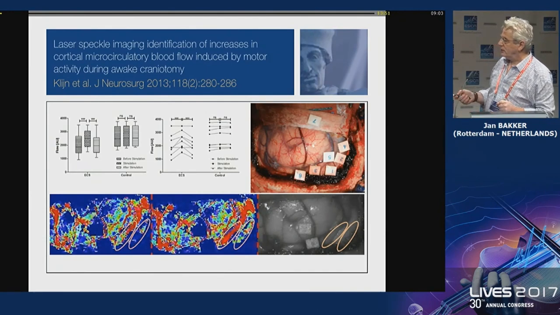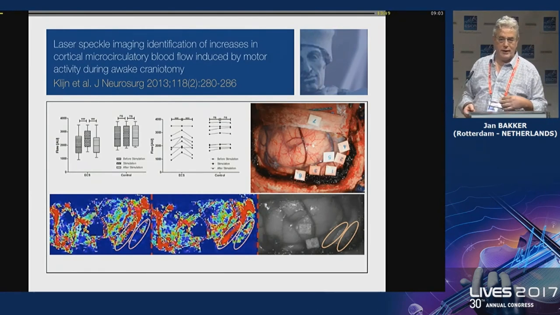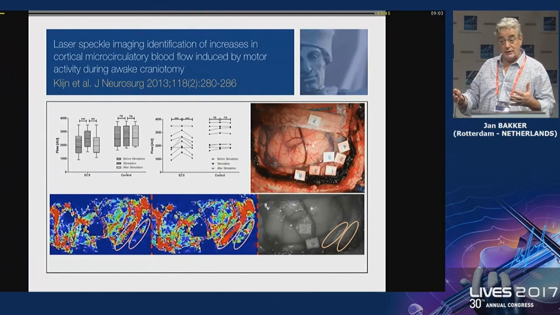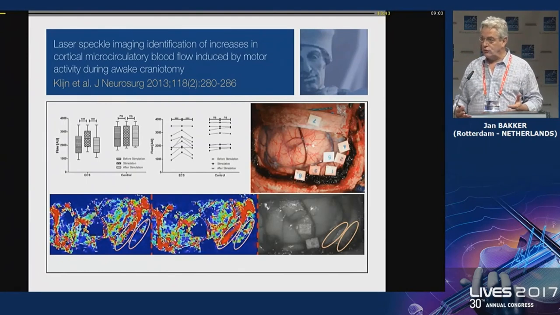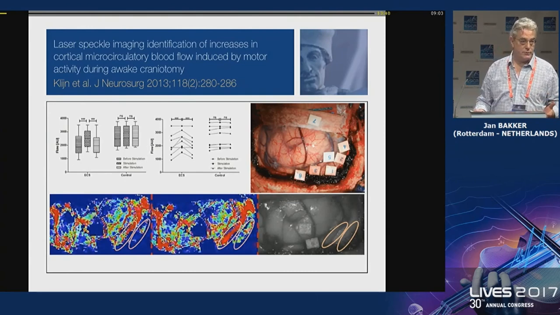This has nothing to do with an increase in blood pressure, nothing to do with an increase in cardiac output. These are local factors. So that's how we regulate microcirculatory blood flow under normal circumstances.